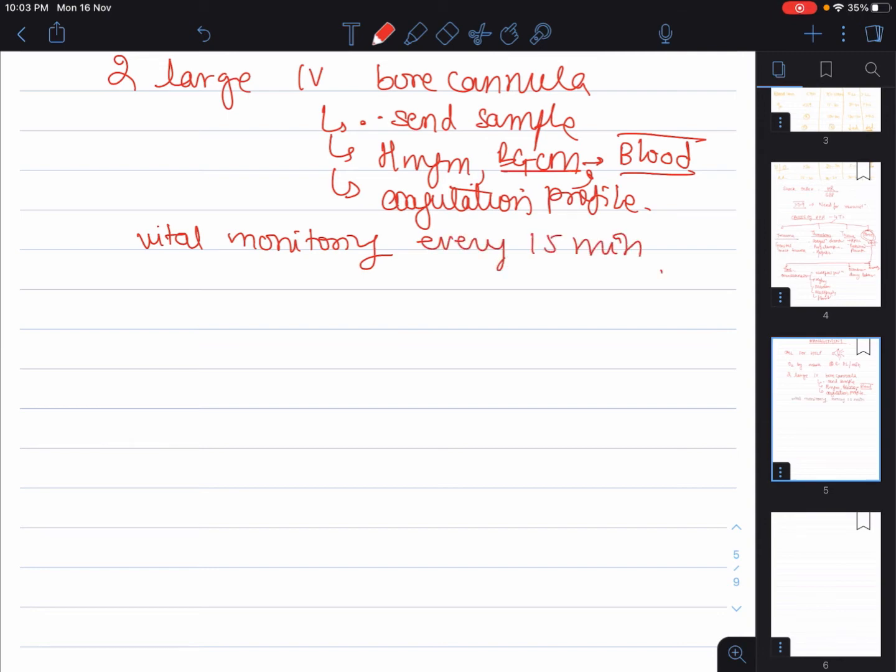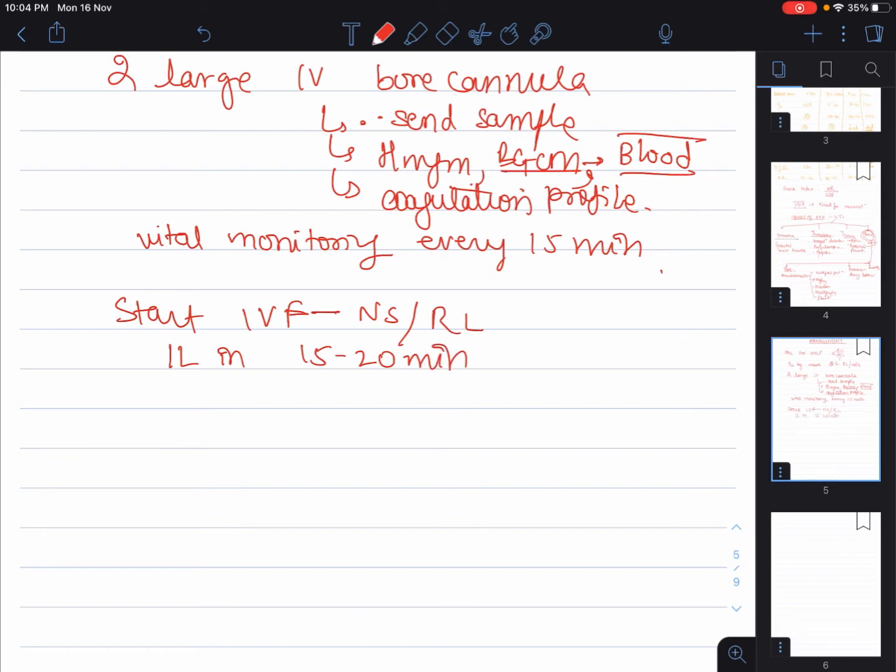So you had taken two large bore IV cannulas. With one, you had taken the sample, and preferably blood is to be given through it. And with the second IV line, you will start the intravenous fluid then and there. It can be NS, it can be RL. And what will be the speed? You have to give 1 liter in 15 to 20 minutes. That you have to remember. So 1 liter has to be given in 15 to 20 minutes.